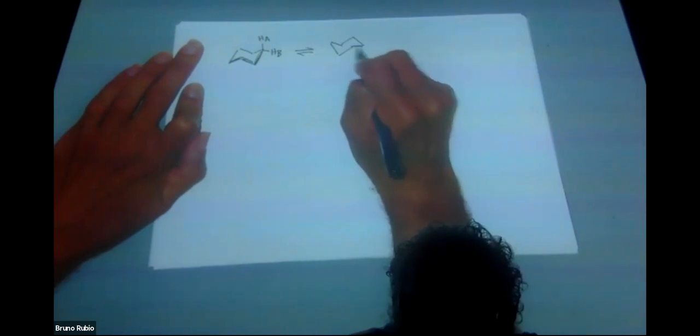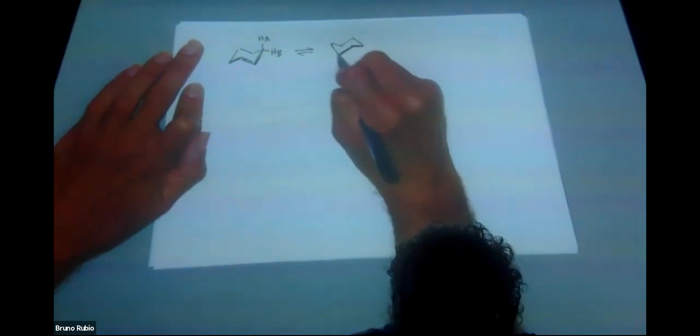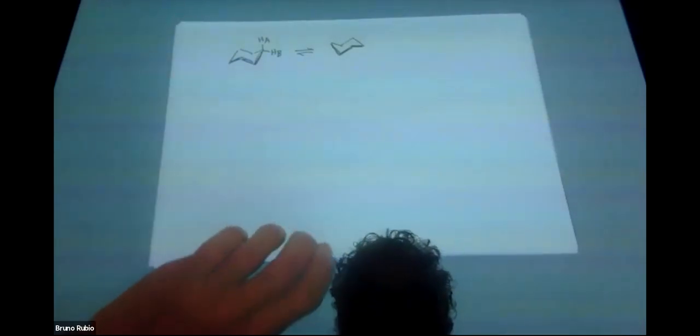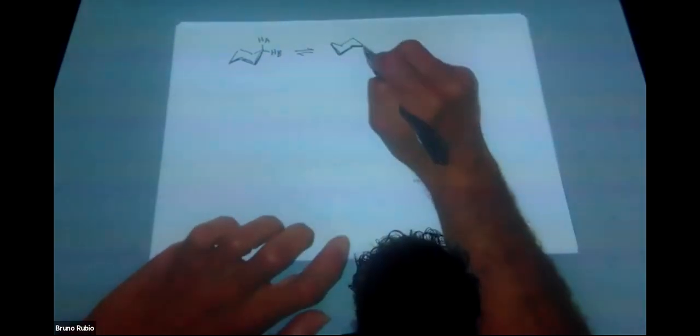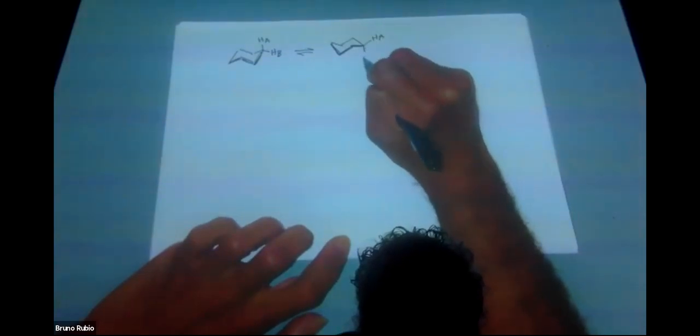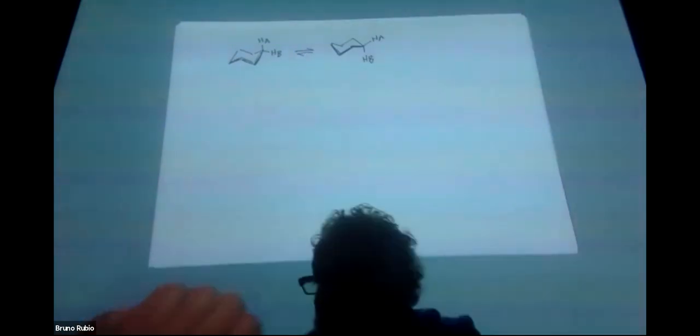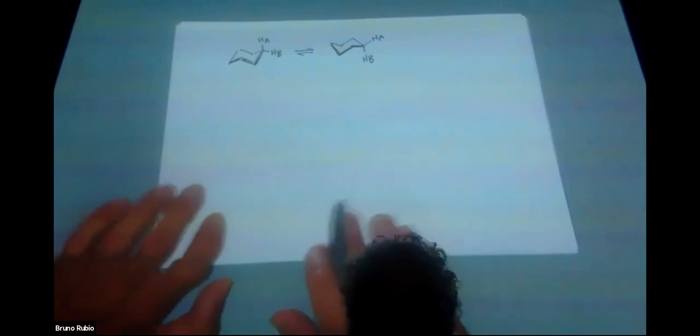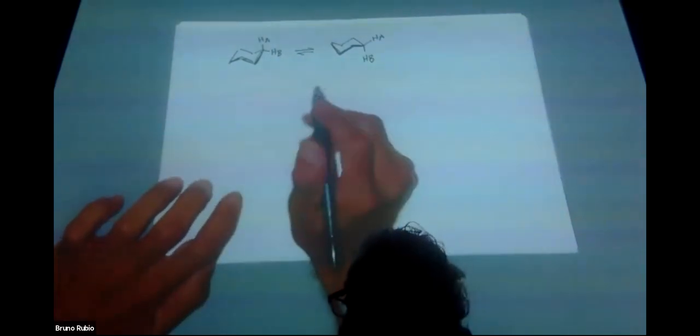And when the flip happens, every upward pointing carbon becomes downward pointing, and every downward pointing carbon becomes upward pointing, and every axial proton becomes equatorial, and every equatorial proton becomes axial. So how long does this take?